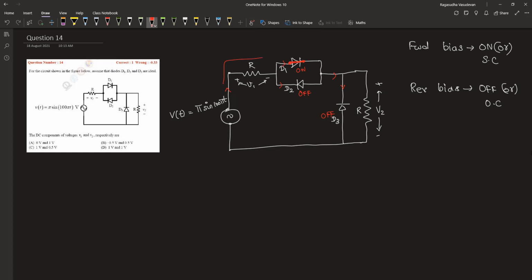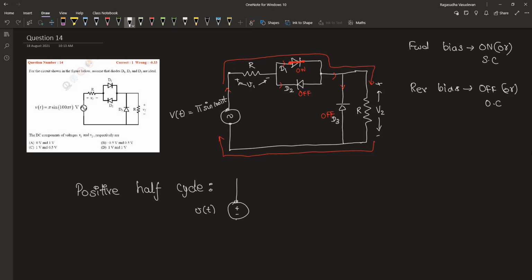The current will go through this R via this D1 and towards the next resistor R, and it will circulate back into the source. Therefore, this is a series circuit consisting of 2 resistors of value R. Therefore, during the positive half cycle, the circuit can be replaced like this. Since their magnitudes are same, the voltage will be shared equally by both of the resistors.